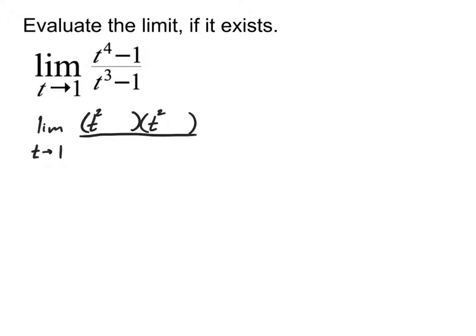All right, so on the top then, if I were factoring t squared minus 1, it becomes t plus 1 times t minus 1. So in this case, it's going to be t squared plus 1 times t squared minus 1. On the bottom, difference of cubes. The first one is going to be t minus 1, because we're doing the cube root of the first term, cube root of t cubed is just t, and the cube root of the second term, cube root of 1 is 1.